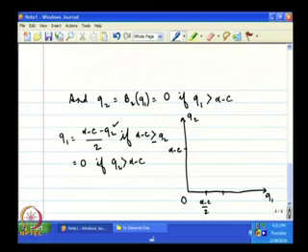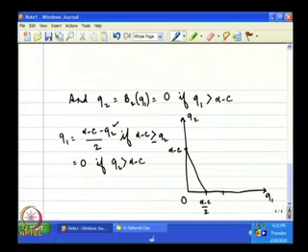If q1 is equal to 0, then q2 is equal to alpha minus c, which means this point on the q2 axis and this point on the q1 axis are 2 points on the best response function. So, I can join them. So, this is B1. This part is for q2 less than or equal to alpha minus c.